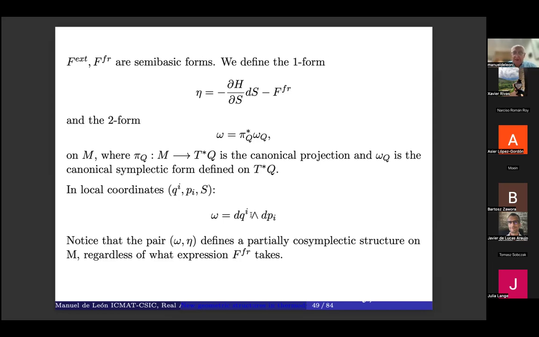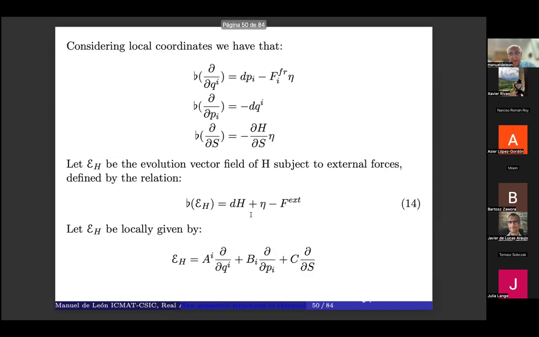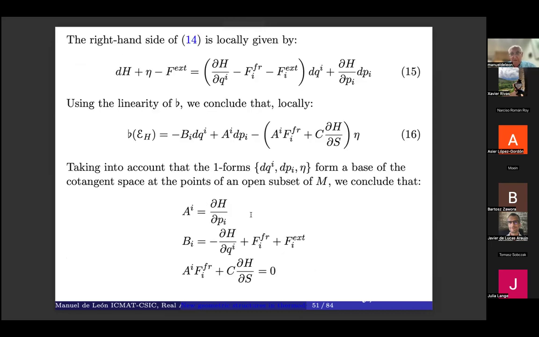So we have a partially cosymplectic structure. And we can consider local coordinates. We don't have Darboux coordinates, but we are in T star Q times R, so we have coordinates q's, p's, and the coordinate s. And so we obtain the evolution vector field. This is the form of the evolution vector field.